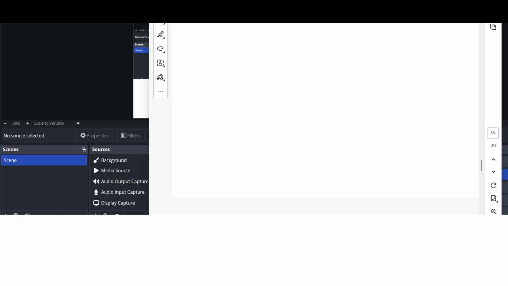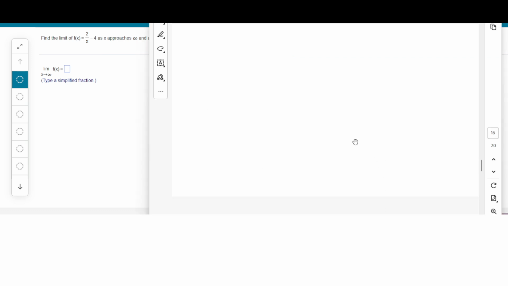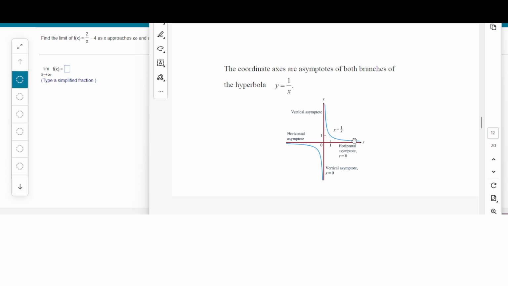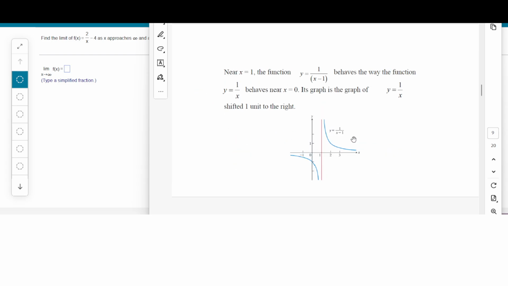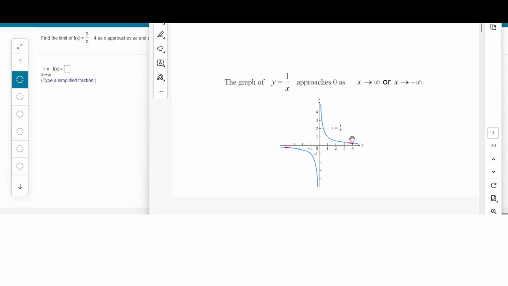Okay, let's look at some examples here. Example: find the limit of the function 2 over x minus 4 as x approaches infinity. This is very similar to this one.